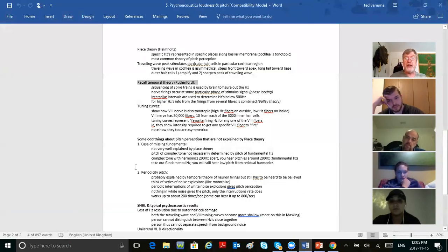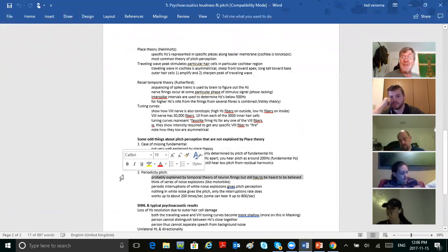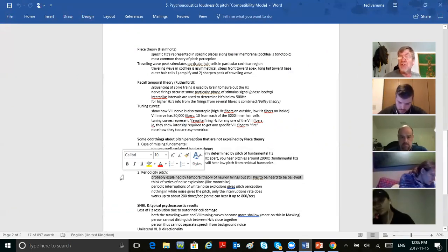There's the 2 things: the case of the missing fundamental, and the second one was the motorbike revving, periodicity pitch. First, periodicity pitch. Probably explained by the temporal theory of neuron firings, but still has to be heard to be believed.